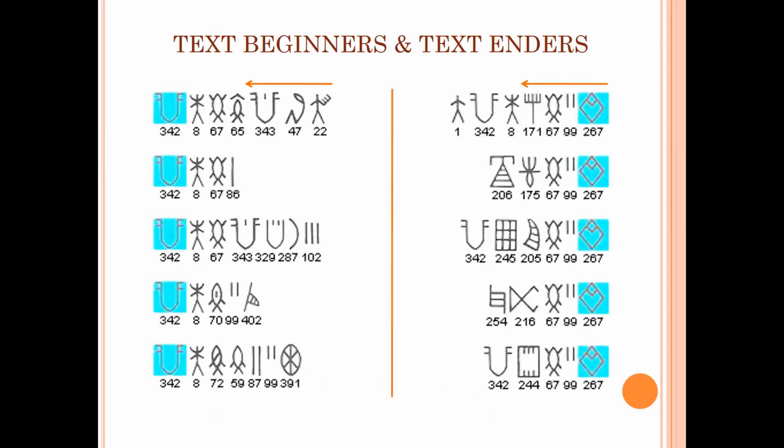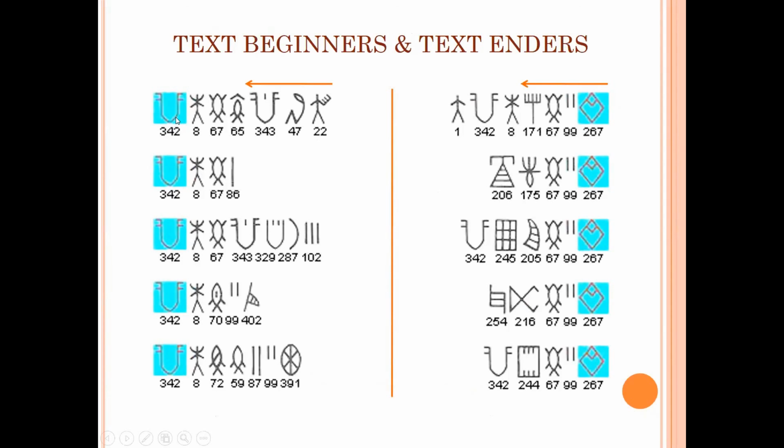Now, if we take a look at the usage pattern of the text beginners and text enders in the Indus writing, we find that certain signs appear quite frequently at the beginning position. This is the most frequent text beginner in Indus texts, and there are certain signs which very often appear at the end of the text.